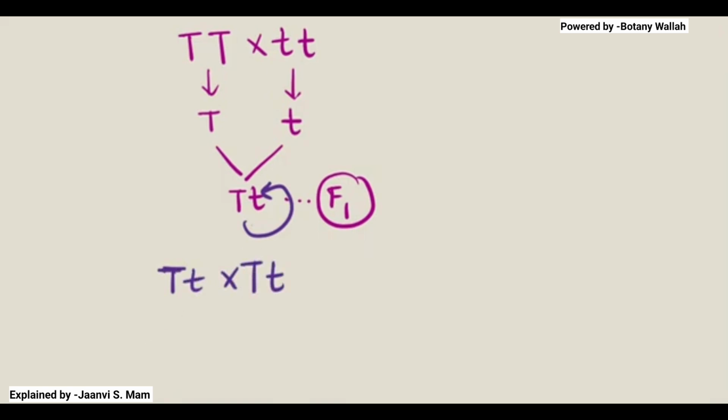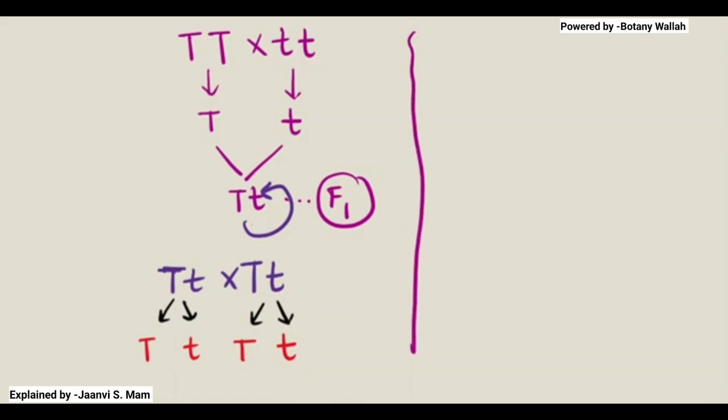Then you made two gametes here also, right? You took capital T, small t, and capital T, small t. Then you combined capital T with capital T, capital T with small t, capital T with small t, and small t with small t.